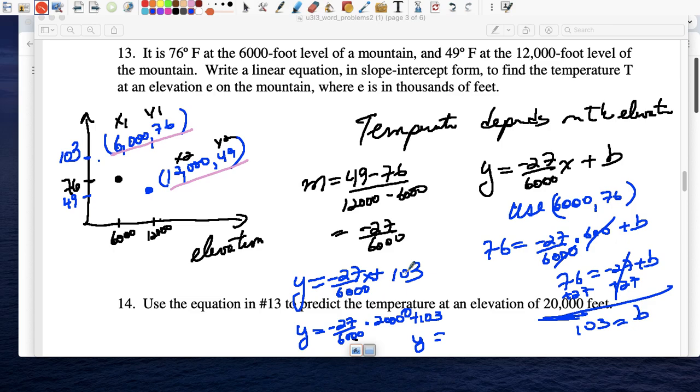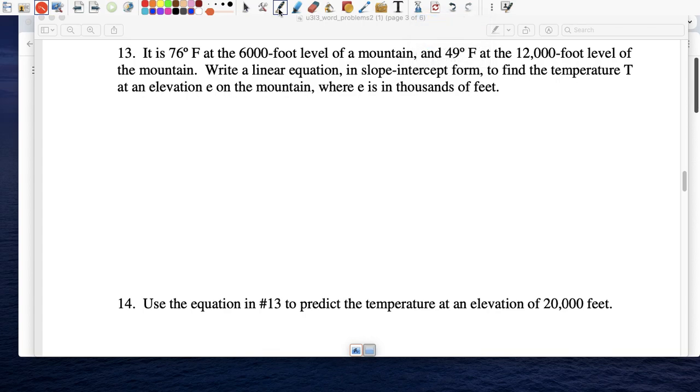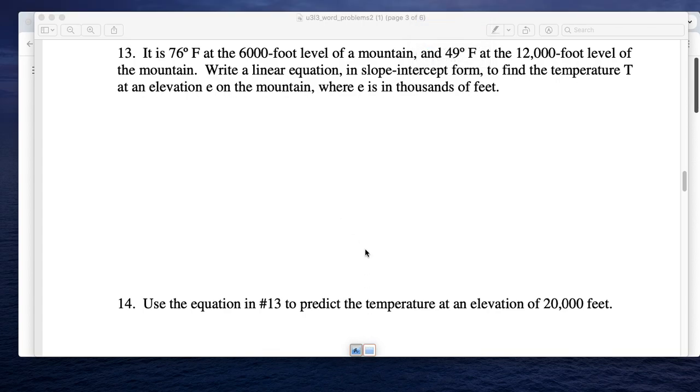Times 20,000, because that's the elevation. Enter. Plus 103. Sorry, I get 13. So at 20,000 feet, the temperature is going to be 13 degrees. Here we go. Okay. Apologies.